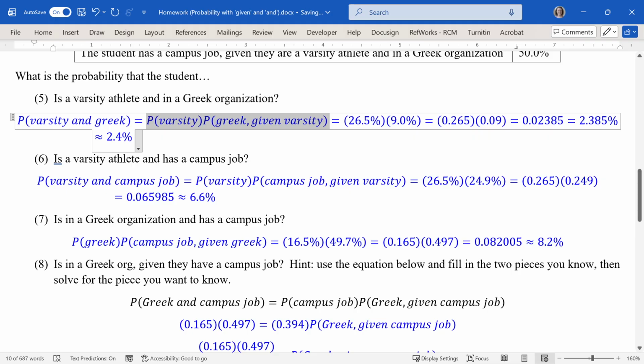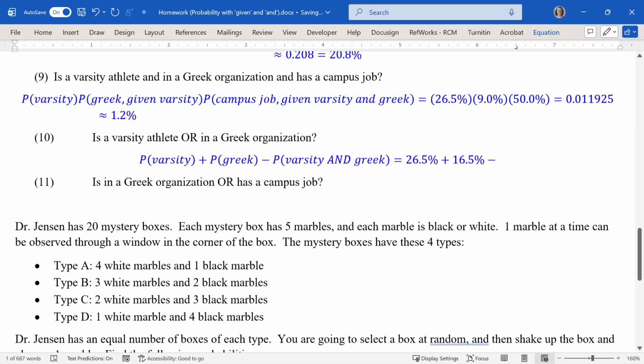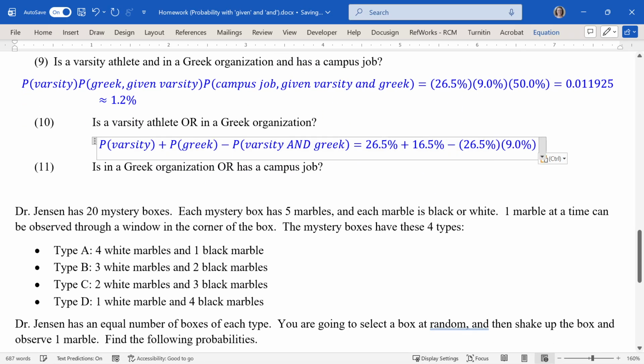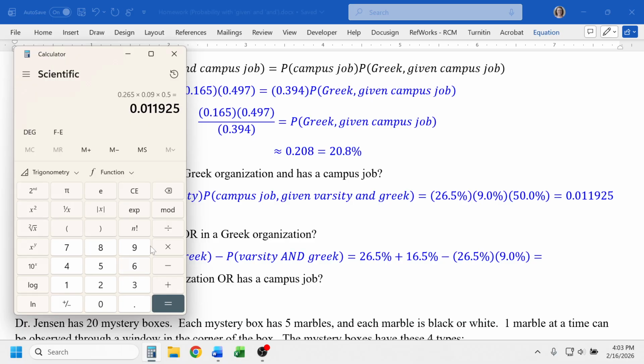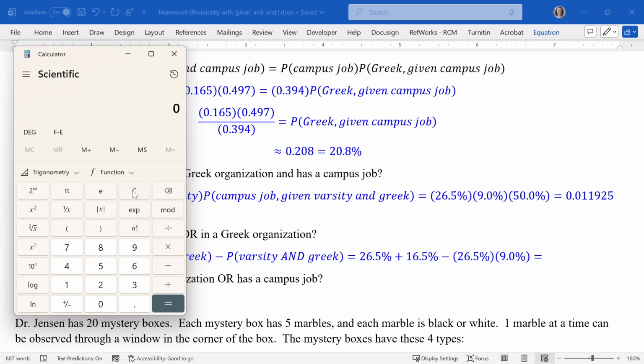Okay, so I'm going to copy my answer to number 5 and write it down here. Okay, so this right here is the answer to number 5. And I think we need to be a little bit careful when typing this into the calculator. So 26, oh right, I have to do this in decimal form.